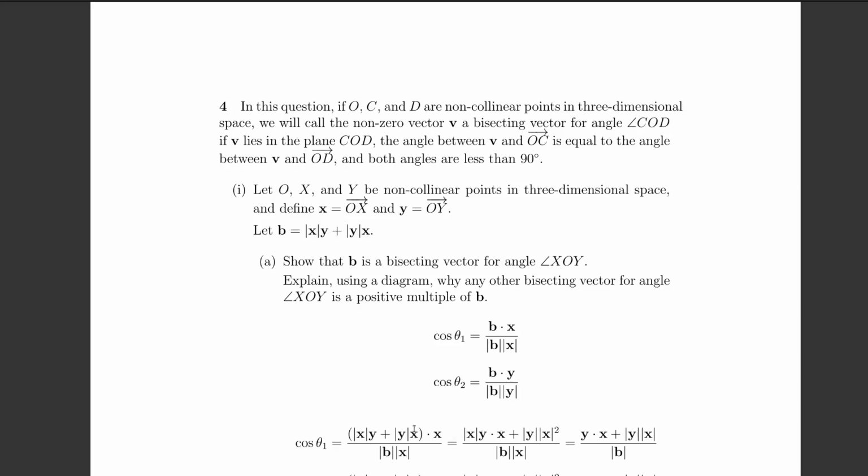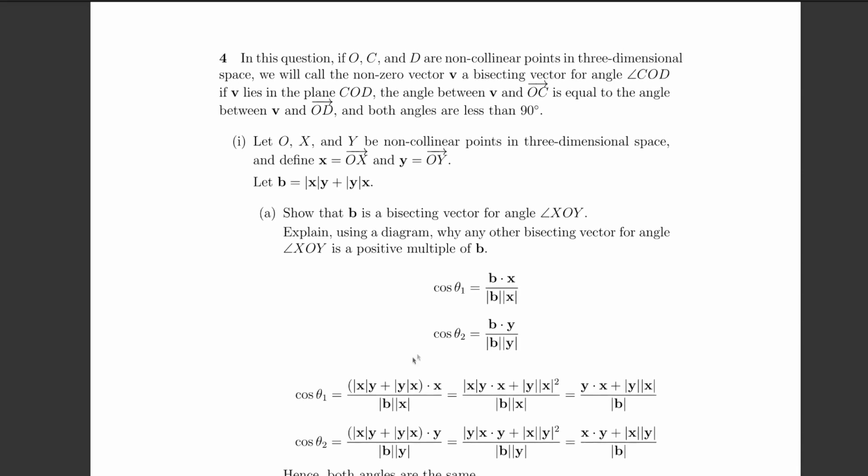By definition, a vector dotted with itself is its magnitude squared. So you get something like this, and then you can cancel out the x: the magnitude of x in this term and the magnitude of x in this term, divided by the magnitude of x, and you get something like this.